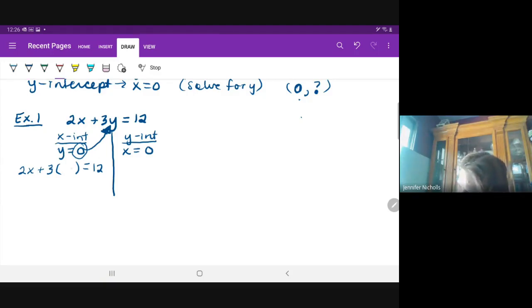So I'm going to put this in red pen so you could see it better. Okay, and then you have to solve it. So what you do from here is you write 2x, and then these two you're timesing. So what's 3 times 0? So this is 2x plus 0 equals 12. And then if you add a 0, nothing happens. So you just get 2x equals 12.